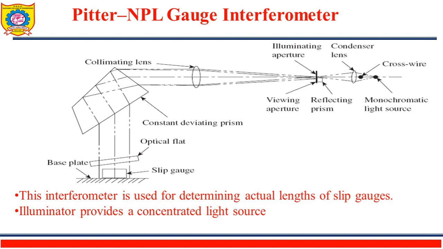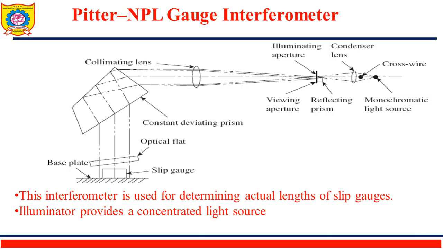The condenser lens of the Pitter-NPL gauge interferometer condenses the light rays which come to it from the monochromatic light source. This interferometer is generally used for determining the actual lengths of slip gauges.